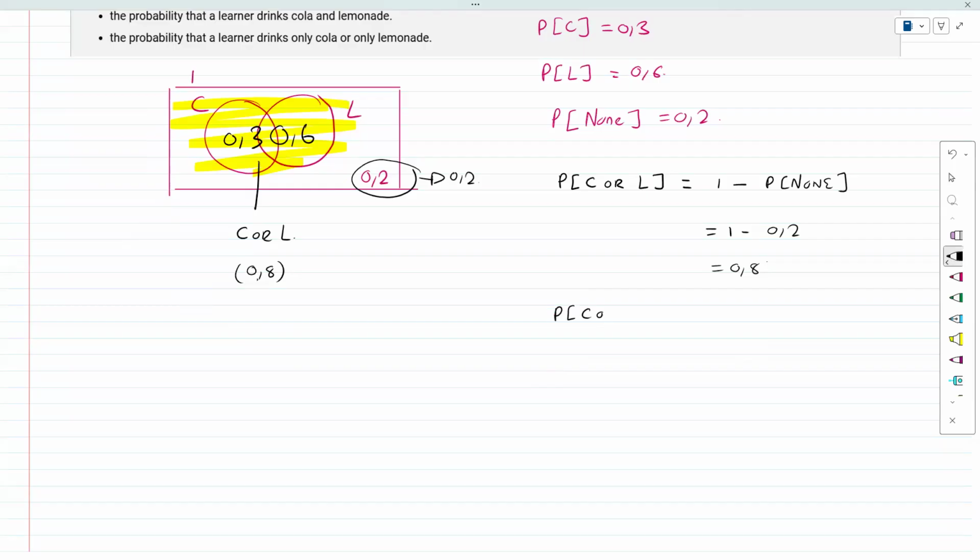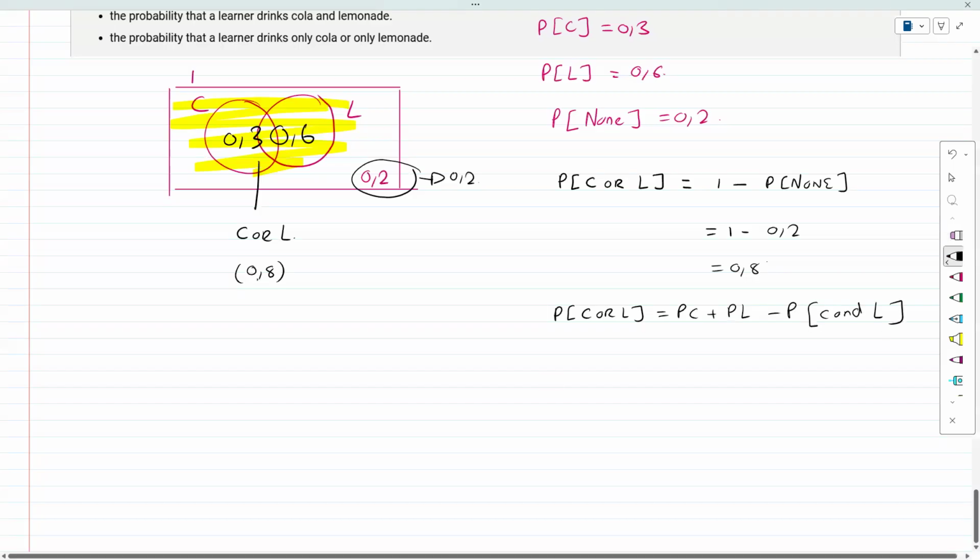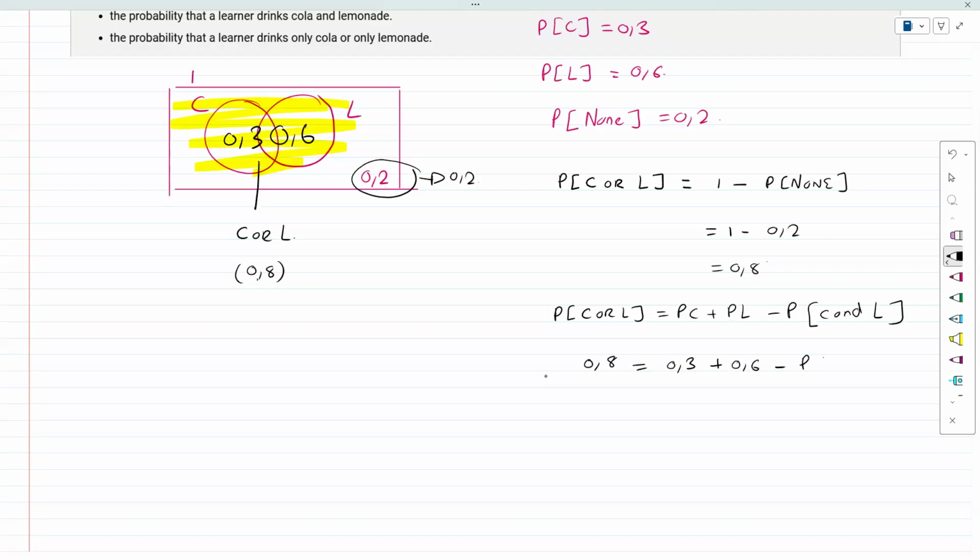So the probability of C or L equals the probability of C plus the probability of L minus the probability of C and L. And this should be simple. 0.8 equals the probability of cola, which is 0.3, plus the probability of lemonade, which is 0.6, minus the probability of both, which I don't know.